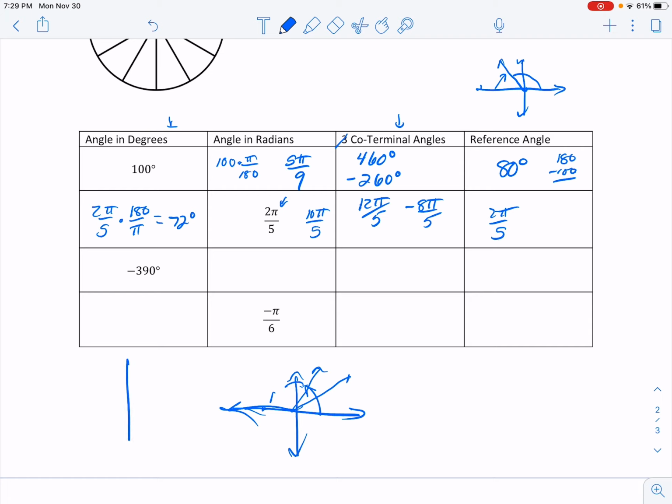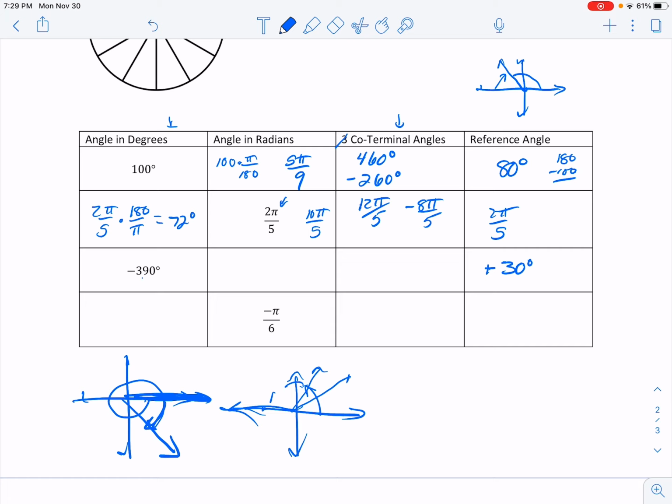Okay, negative 390. You're going backwards. Here's your initial side. Negative 360 and 30 more. So let's do my reference angle, because I just did it, is negative 30. Oh, it's not negative, though. It's just 30 degrees, because they're not positive or negative.